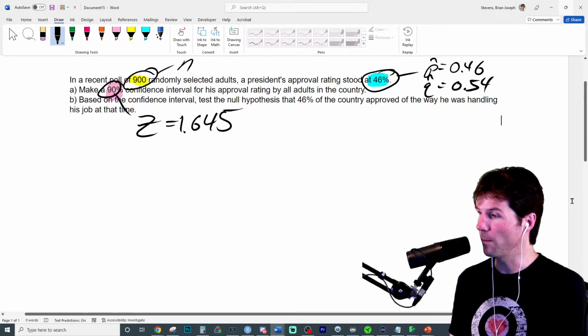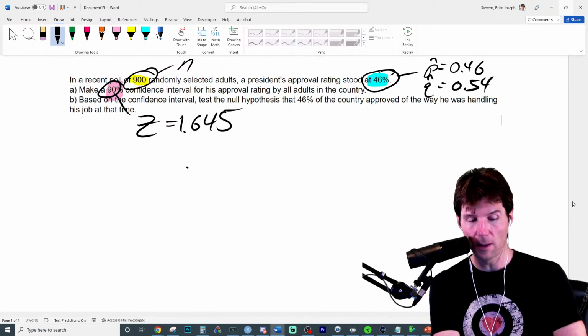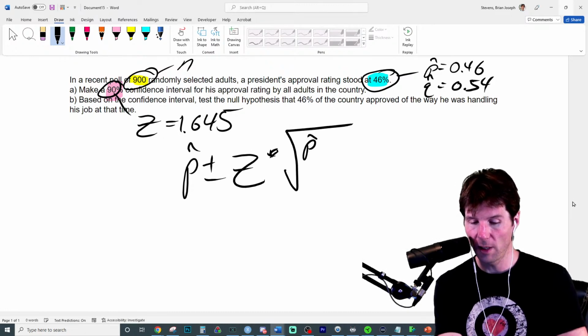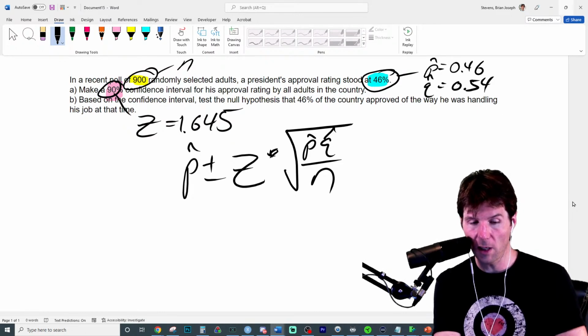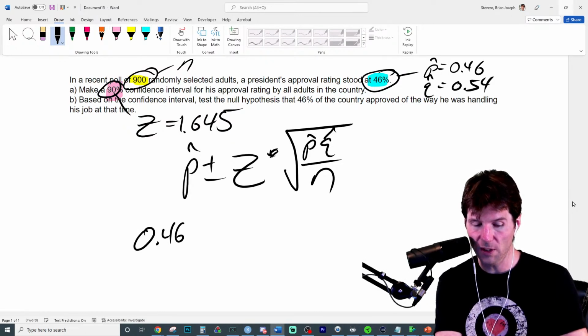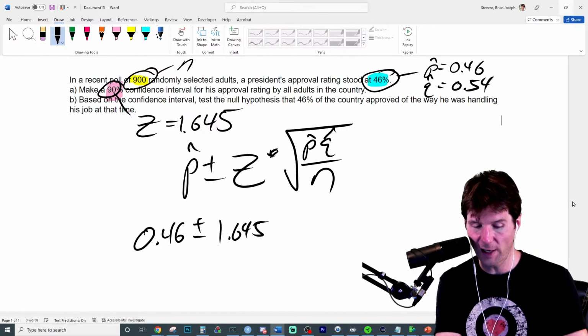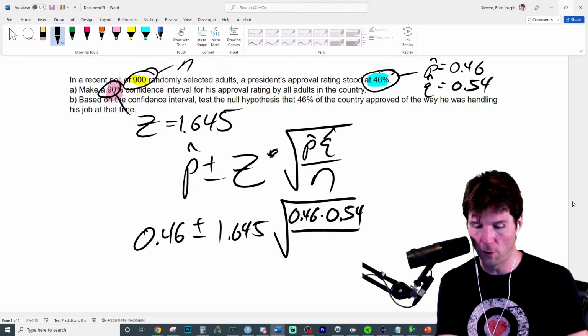Now we need to go in and make the confidence interval, which is going to be p hat plus or minus z star, star because we can pick it, square root p hat q hat over n. And so the p hat is going to be 0.46 plus or minus z of 1.645 square root 0.46 times 0.54 over 900.